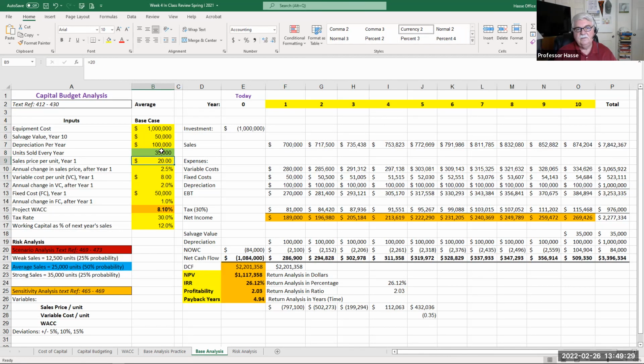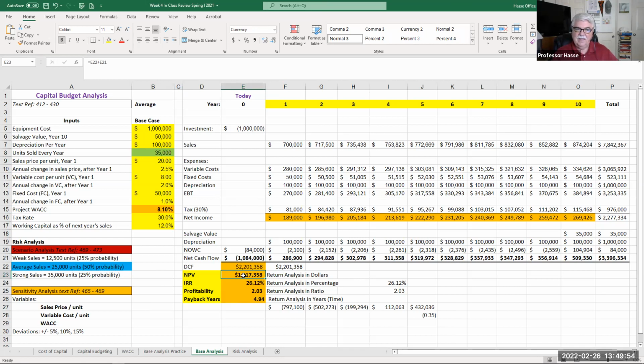We're saying, what would this look like? Well, it looks pretty good. If we can sell 35,000 units a year with everything else staying the same, we can make a net present value of $1,117,358. So let's put that into our weighted analysis.